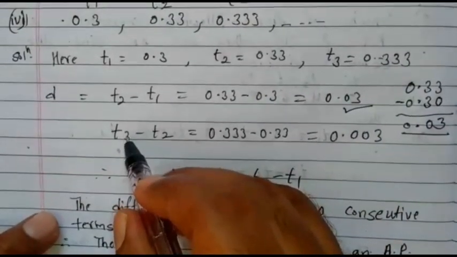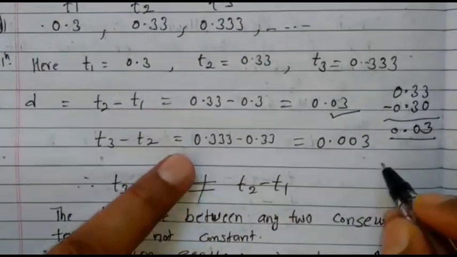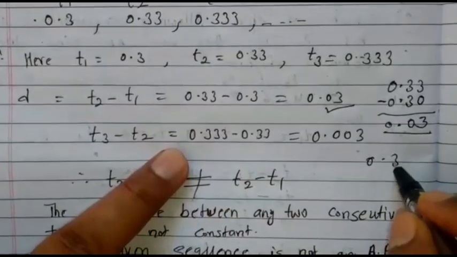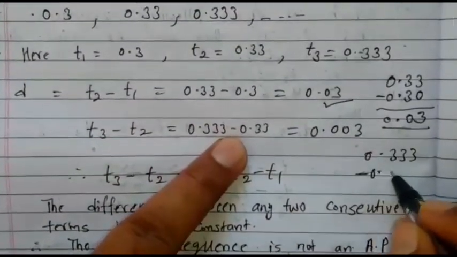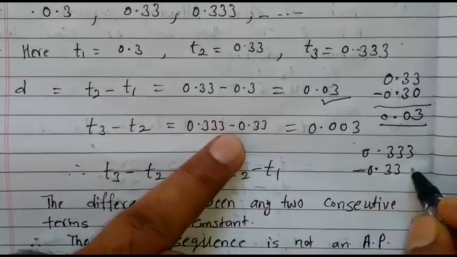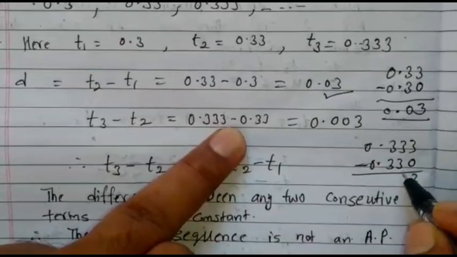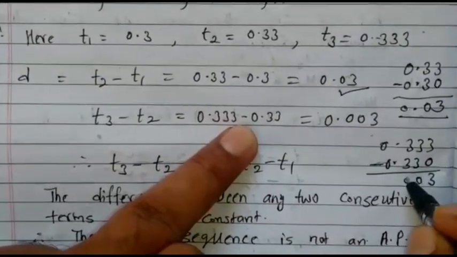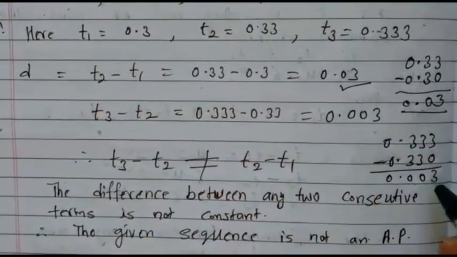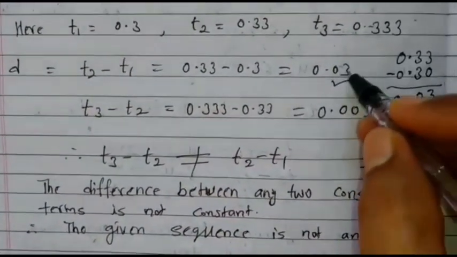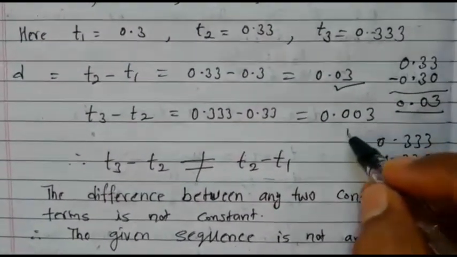Similarly, we find t3 minus t2. t3 is 0.333, and subtract 0.33. Again where there is no value, write 0. Now subtract: 3 minus 0 is 3, 3 minus 3 is 0, 3 minus 3 is 0, so we get 0.003. Now this one is 0.03 and here it is 0.003.